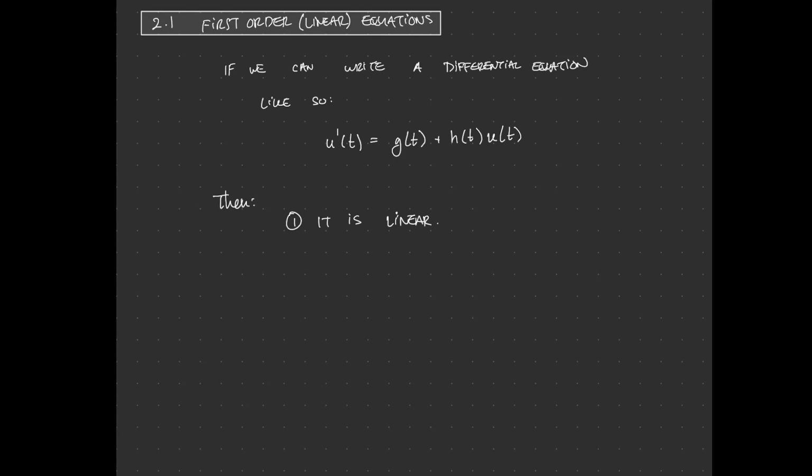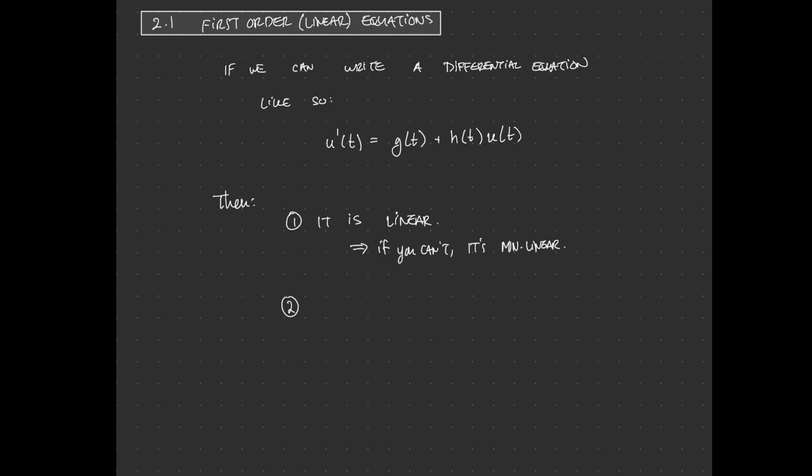So if you can write it like this, it's linear, which means if you can't, it's nonlinear. We should just know, even though we might not understand fully what I mean by this, that nonlinear differential equations are way more complicated in general than linear. That's why we're starting with linear.